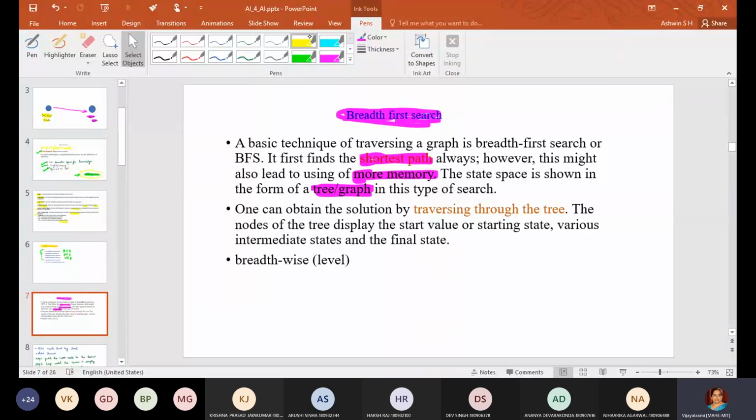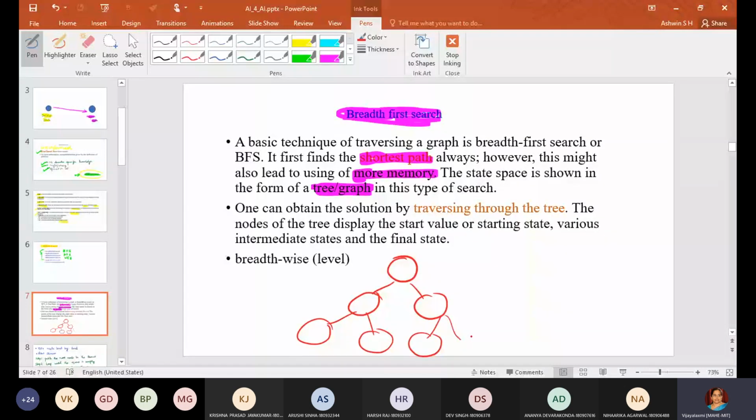So this is level wise. I'll just give you one example. I'll take one tree. So this is level wise, it is breadth first search. That means the traversing through the tree is level wise.